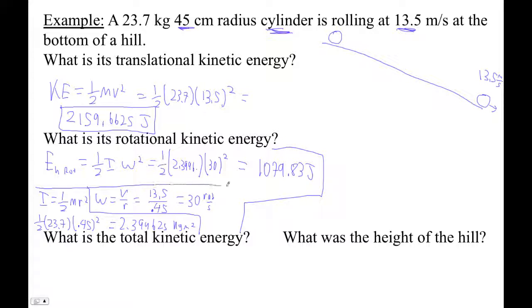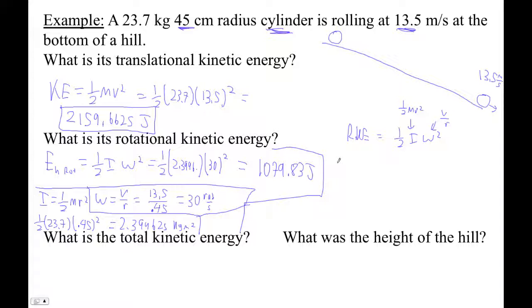So the question is, why is this exactly half of that? And the answer is that we would see that if we did the proper substitution. Rotational kinetic energy is 1/2 I omega squared. I is 1/2 mr squared, and omega is v over r.